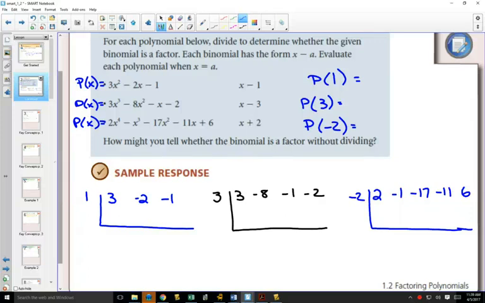So while you are doing the synthetic division for each of these, just to save you some time, I'll tell you what you get when you plug in 1 into the first one: you get 0. Plugging in 3 into the next one, you get 4. And plugging in -2 into the last one gives you 0.